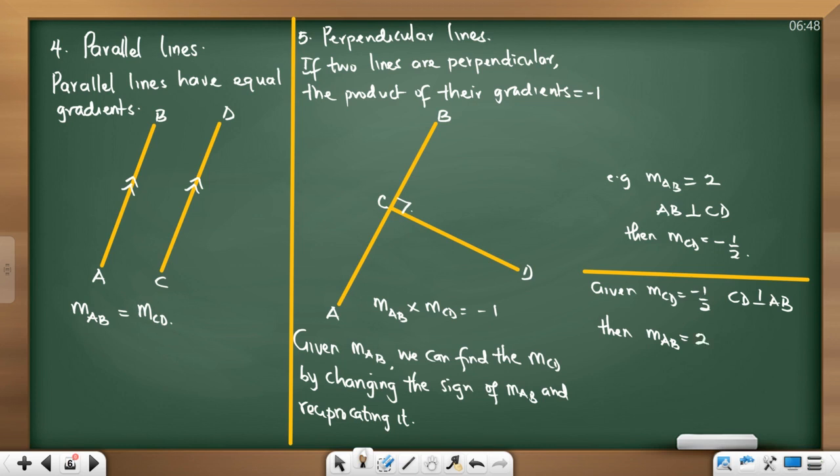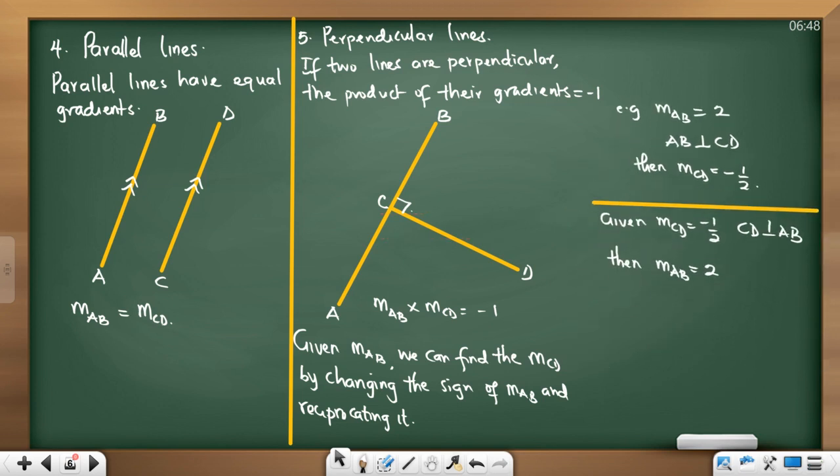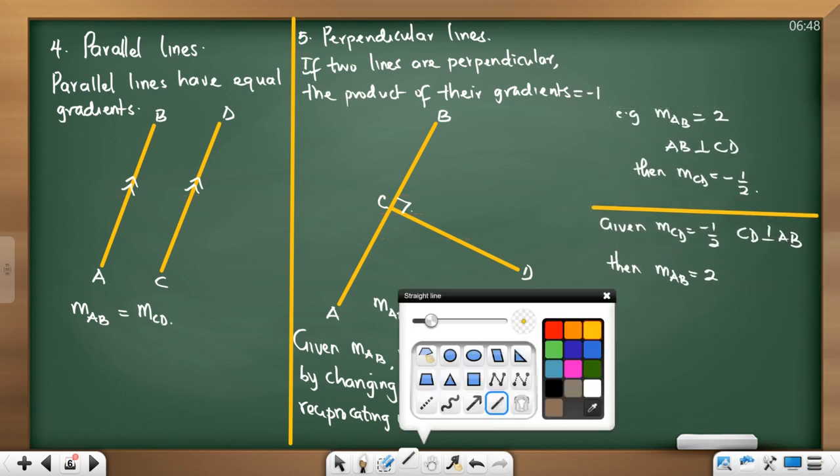You don't need to do all the calculations. So if an examiner then says, prove that 2 lines are perpendicular, what do we do? We find the gradient, multiply. If it then gives us negative 1, then we know that those lines are perpendicular. Let's just put that quick note down.